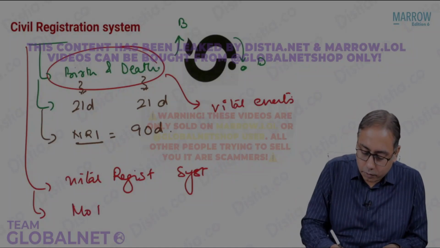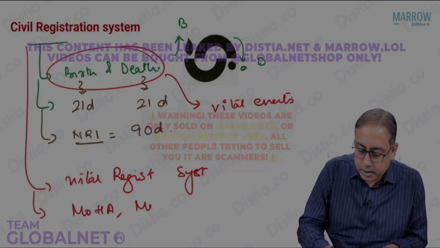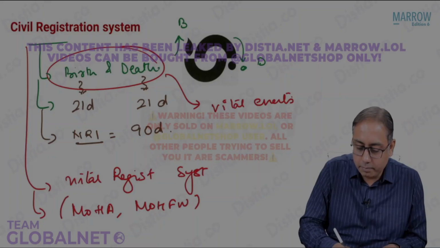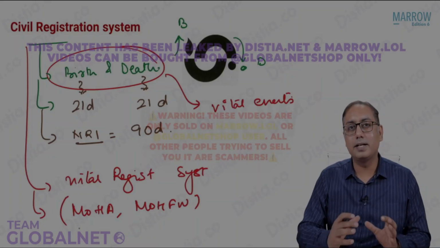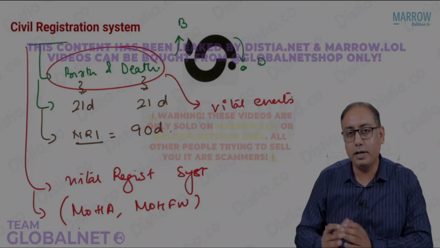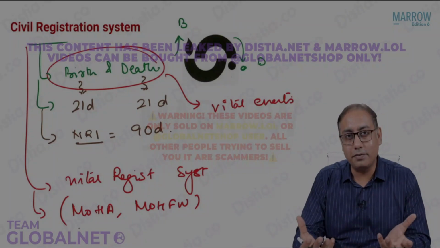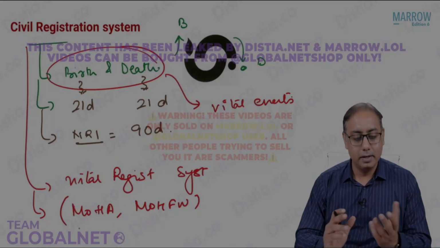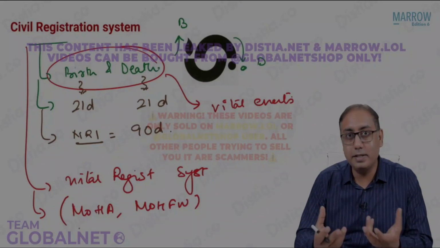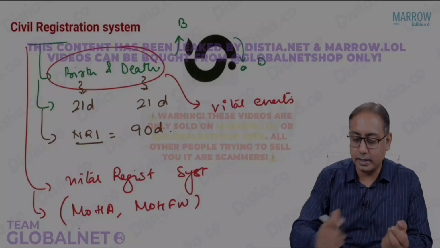The Ministry of Home Affairs, along with the Ministry of Health and Family Welfare, like a lot of ministries, are involved, but it is under the Office of Registrar General of India, and it's a continuous process. That is what you need to understand. It's not a survey that we are doing, but MCQs can be: what do you do in CRS? We check for the births and the deaths.